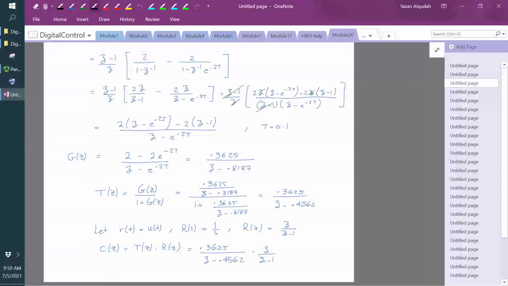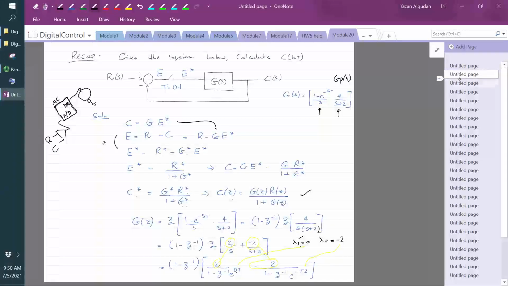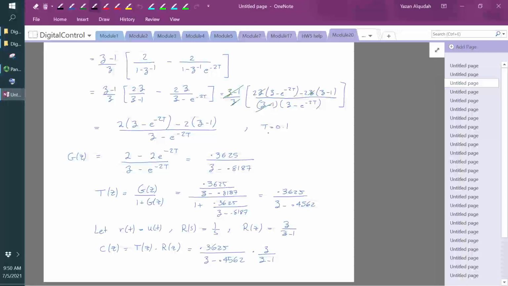So therefore, if I simplify the expression, I'm going to get G of Z. Of course, we are given in the problem that T is equal to 0.1 second. So if I plug in T equal to 0.1 second and simplify this expression, I know some of the calculations here are cumbersome and it is very easy to make mistakes.